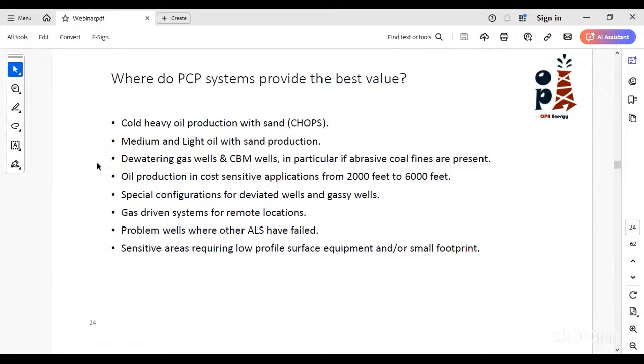So these are the main concerns about the PCP, or the issues it raises if the fluid conditions or the conditions of your well cannot meet the PCP system's requirements.